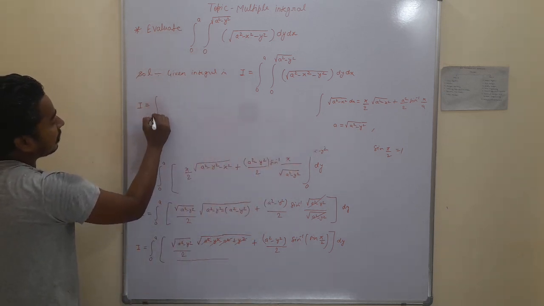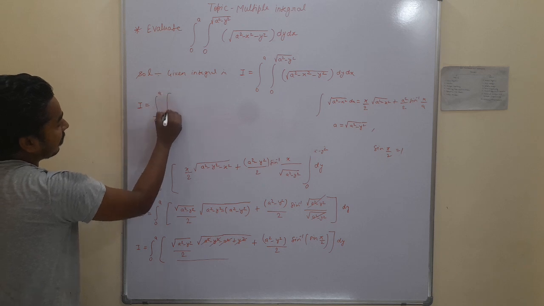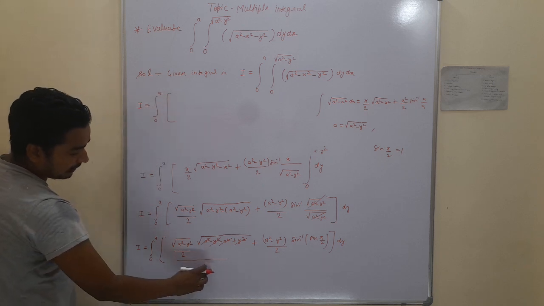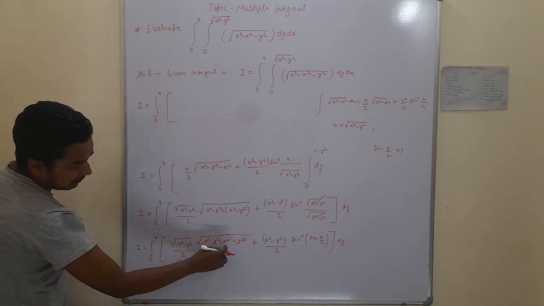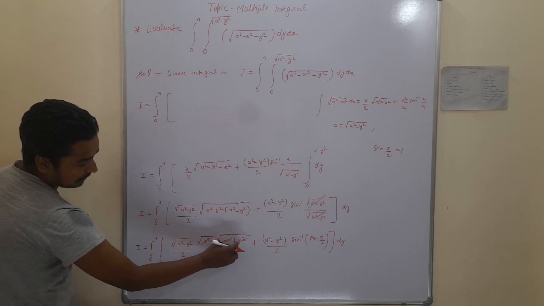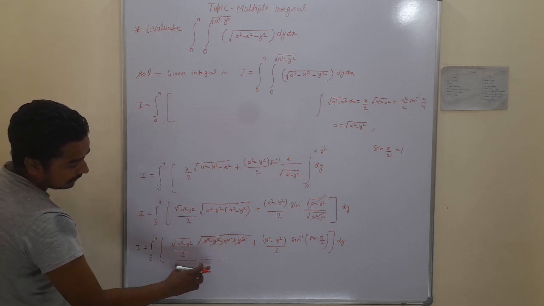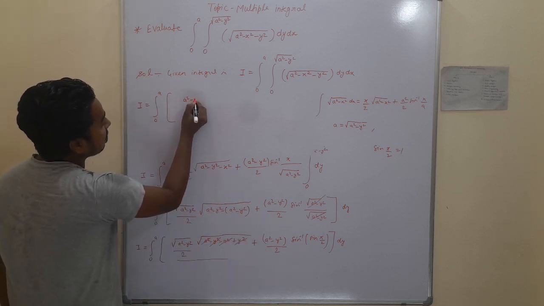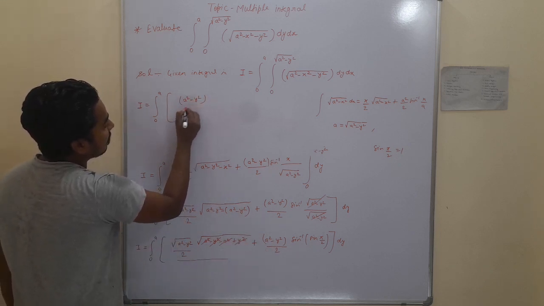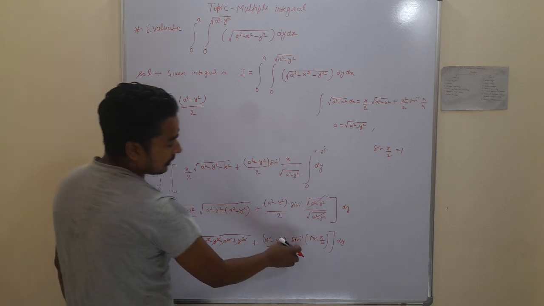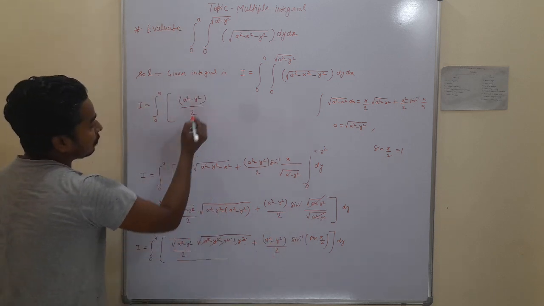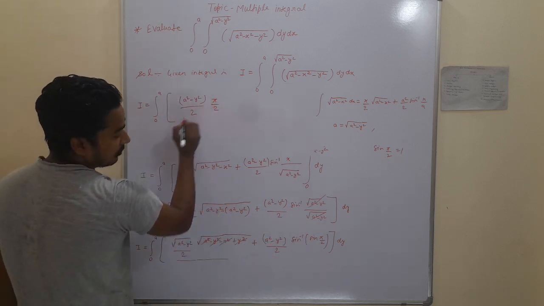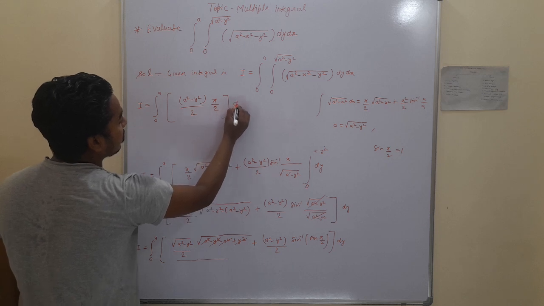I is equal to the integral with limits 0 to a, and here this portion becomes 0, then a squared minus a squared is 0 and y squared minus y squared gives 0, then the whole portion is 0. What remains is a squared minus y squared by 2, and from here sine inverse and sine are removed, so we get pi by 2, and this is whole dy.